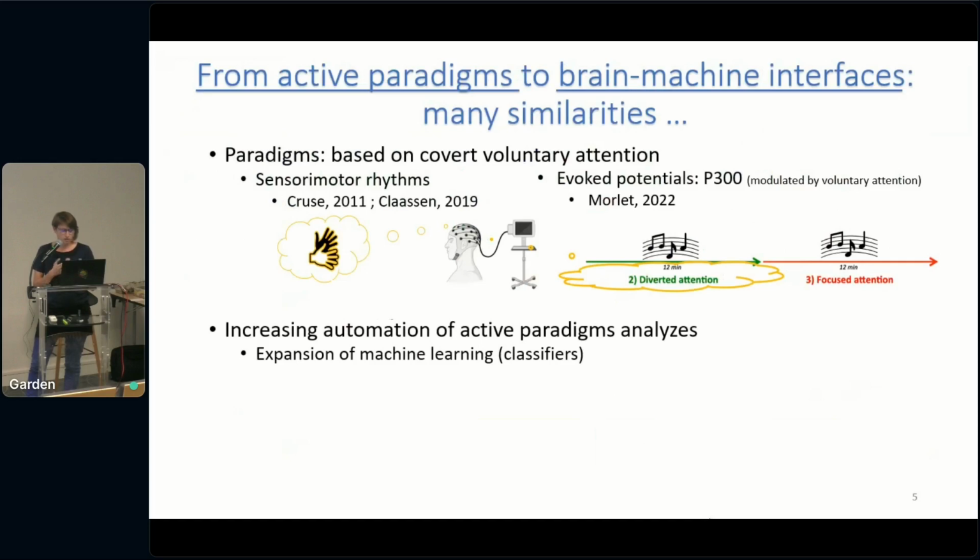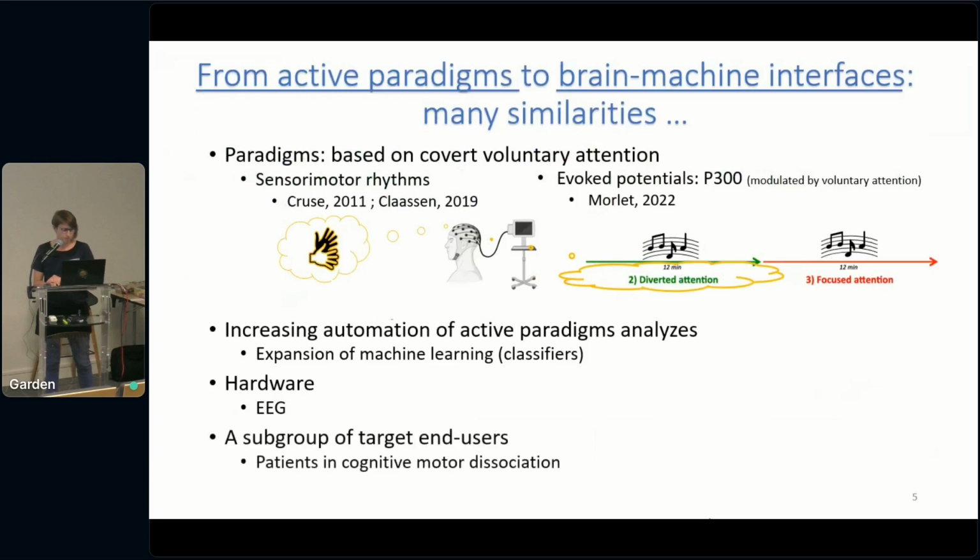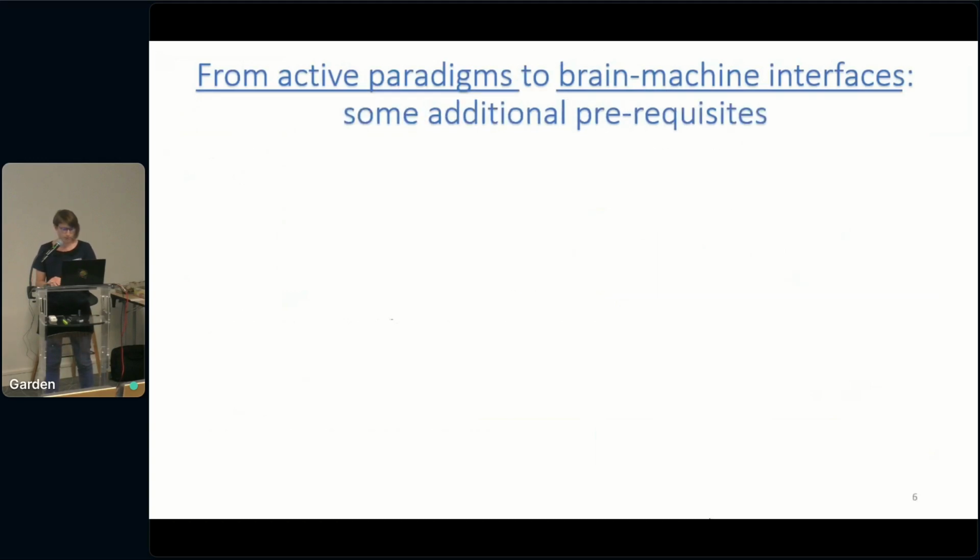And there is an increased automation of active paradigm analysis thanks to the expansion of machine learning, which makes them closer to brain-computer interfaces. And obviously, the most practical hardware in both cases is EEG. And we finally target the same subgroup of end user, namely the patient in cognitive motor dissociation.